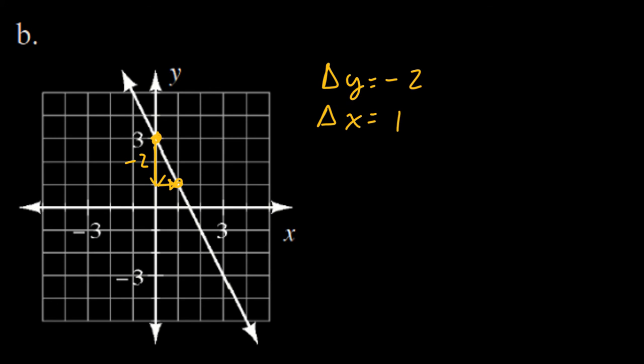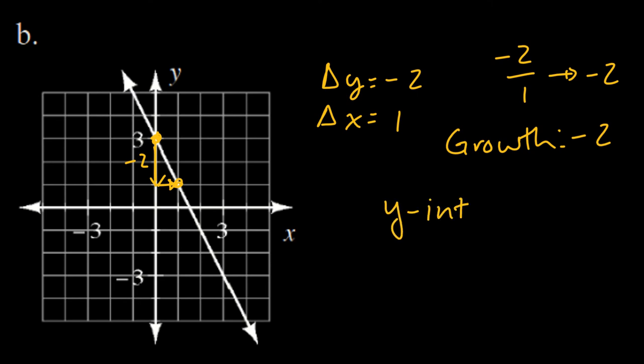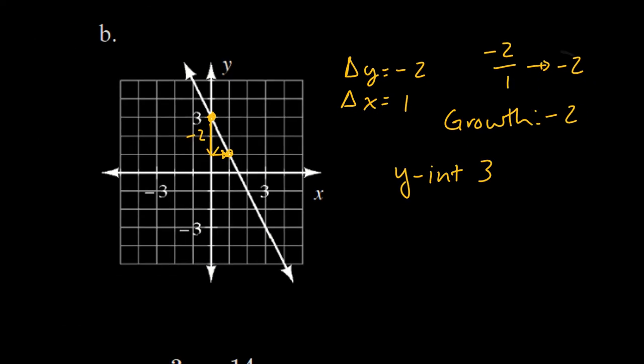So my slope ratio, right, is that change in Y over change in X. So my slope ratio is just negative 2. So the growth is negative 2, or its slope is negative 2. And the 0th term, or the y-intercept, in this case it's the y-intercept, is the number 3. That's fabulous. That's what they wanted.